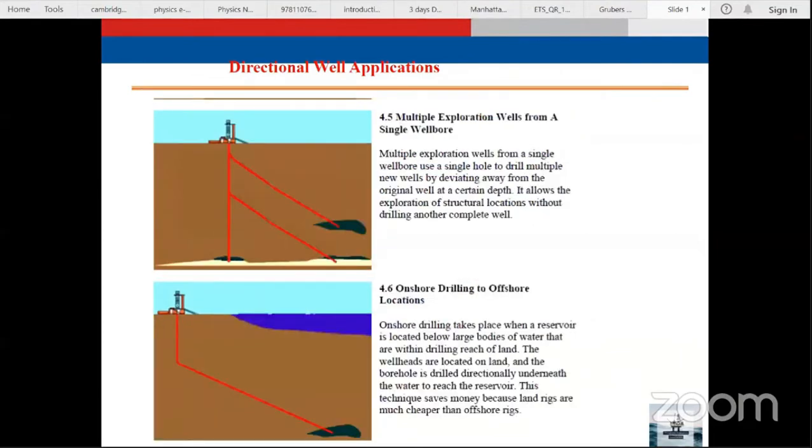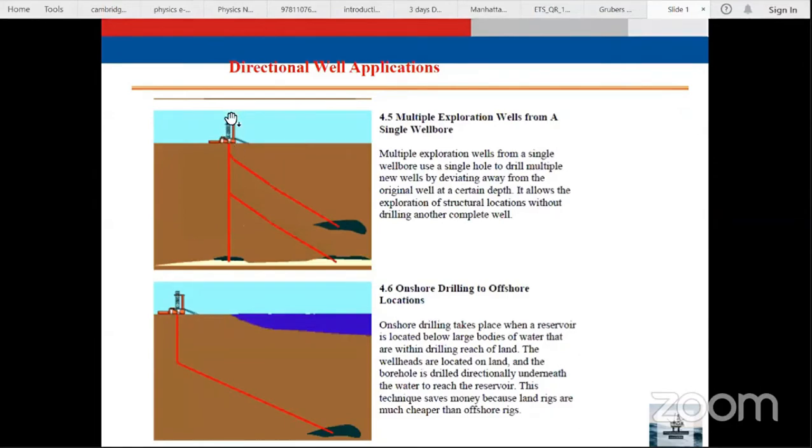Another application is multiple explorations from a single pool. Sometimes in the early time of the field, we need to make appraisal wells, wildcat wells or exploration wells, and sometimes we need to drill more than one well. So with ordinary or conventional wells, if I have 3 targets, I need 3 rigs, and it will take more time and more cost to drill these 3 targets.